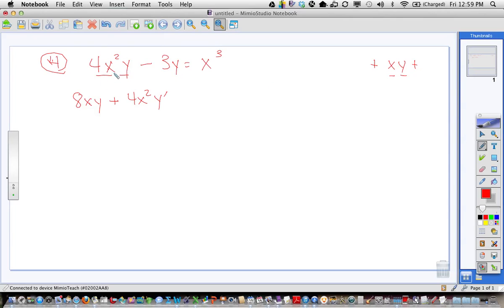That is your product rule. Got to remember that. Minus the derivative of 3y, 3y prime, equals the derivative of this side, 3x squared.